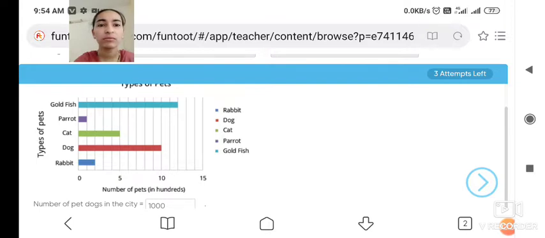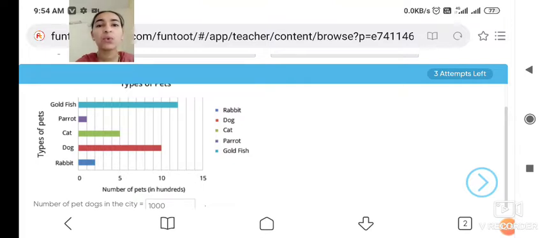So one line is equal to 100, second line is equal to 200, third line is 300, fourth line is 400, and 5 indicates 500. Students, understand this: 10 means 1000, 15 means 1500. So rabbit will be how many?